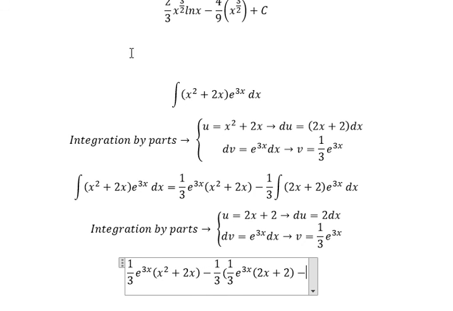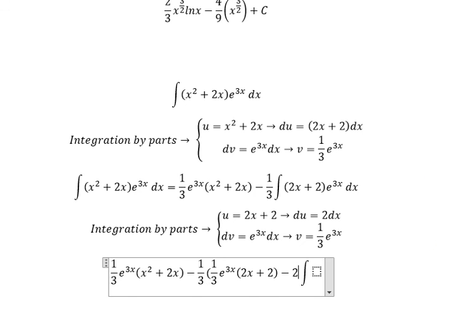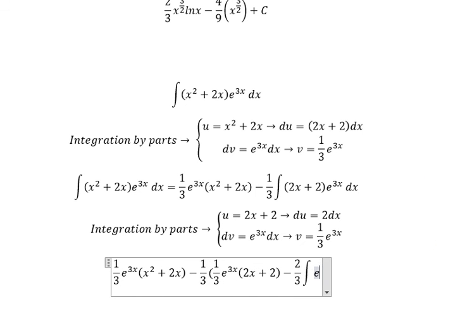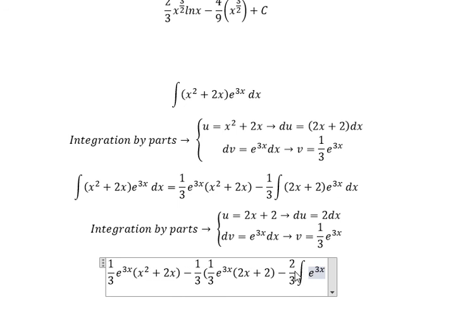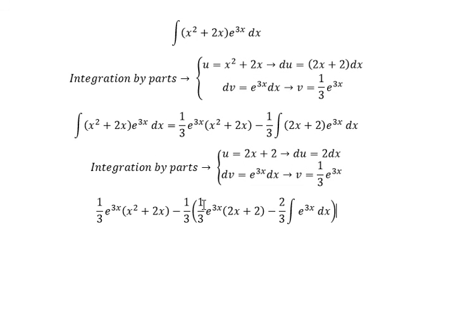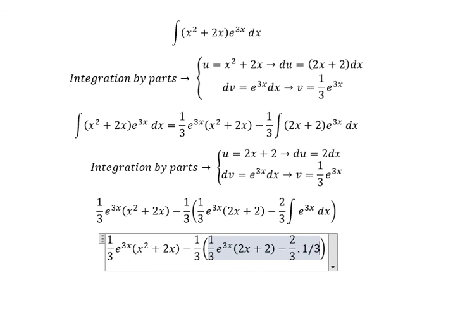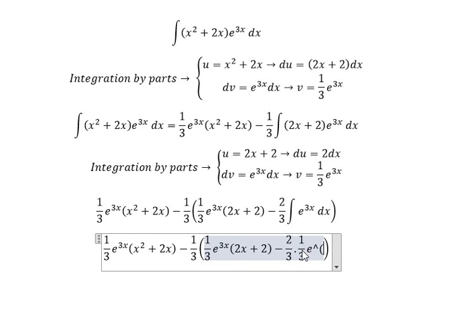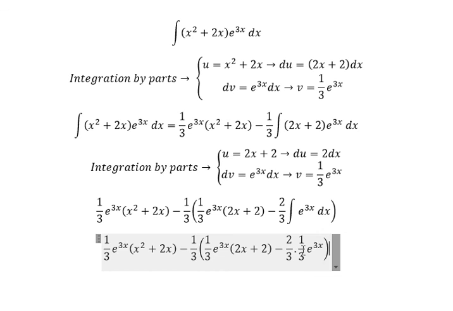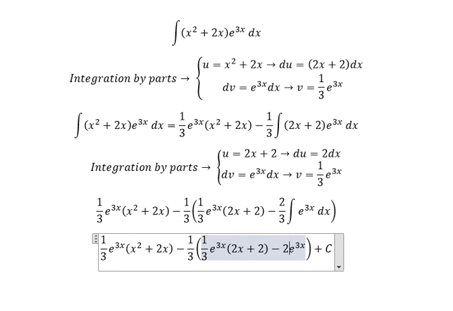And we have the integral of 2 over 3 e to the power of 3s ds. And this one we got 1 over 3 e to the power of 3s. And this one we got 2 over 9.